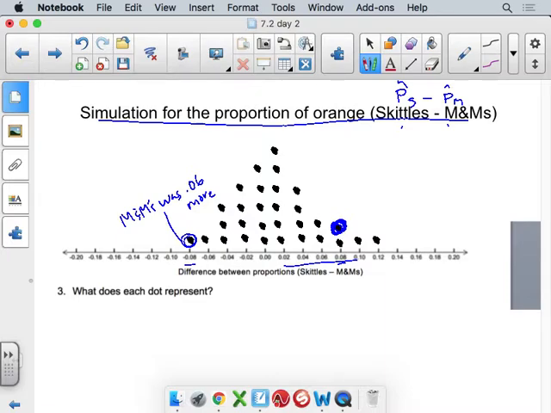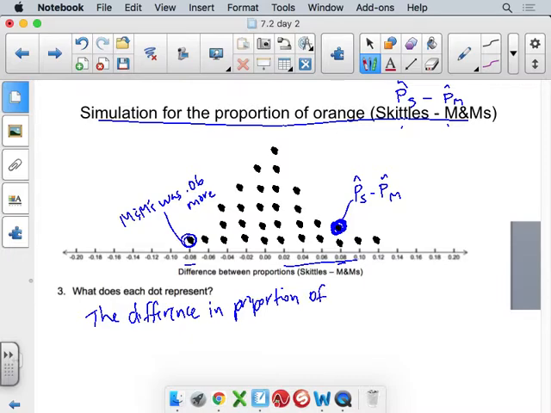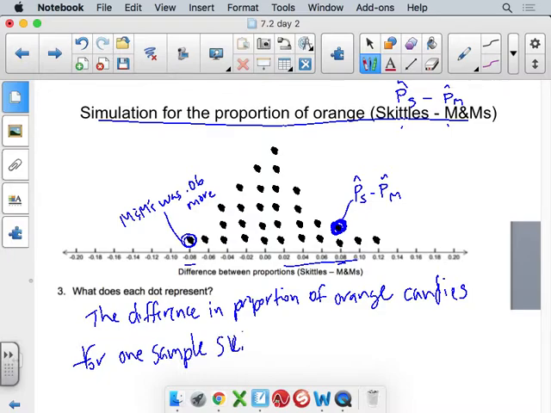Each dot is the p hat S minus p hat M. Every single one of those dots is a difference in proportion of orange candies, the subtraction in proportion of orange candies, because that's what we were looking for, for one sample of Skittles and one sample of M&Ms.